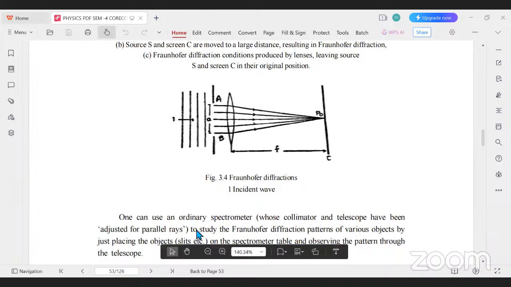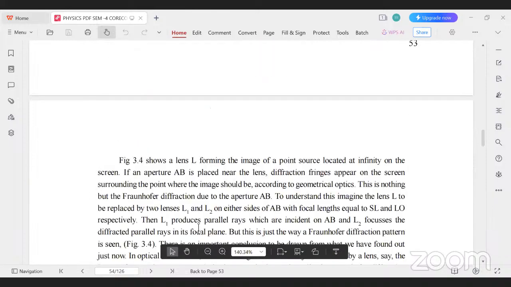As shown in the figure, lens L forms the image of the point source located at infinity on the screen.